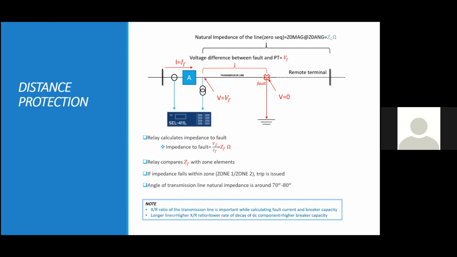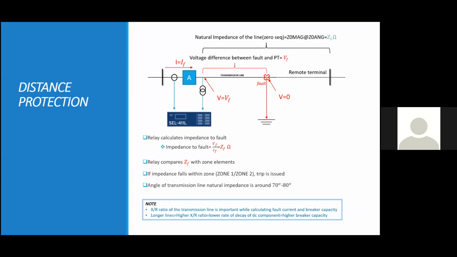So in case of a fault, the local PT will read a voltage reading, which is VF. VF is the potential drop from the PT to the fault.